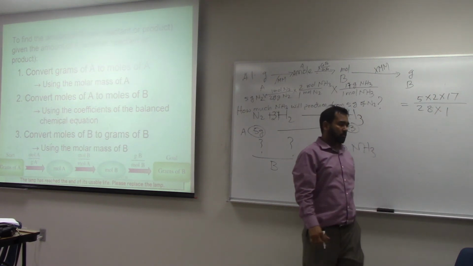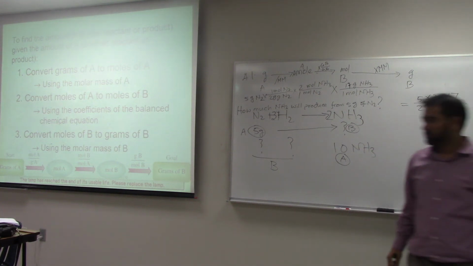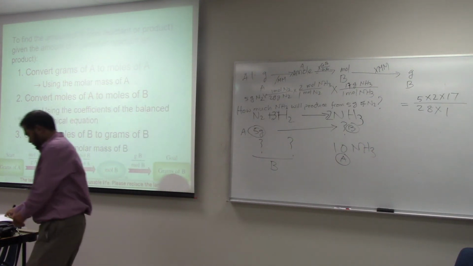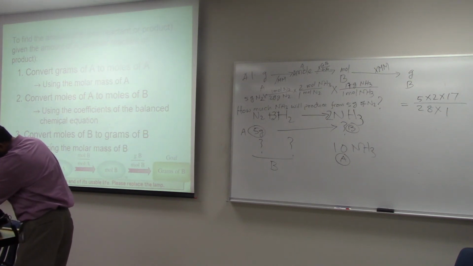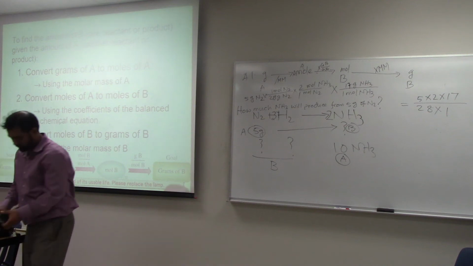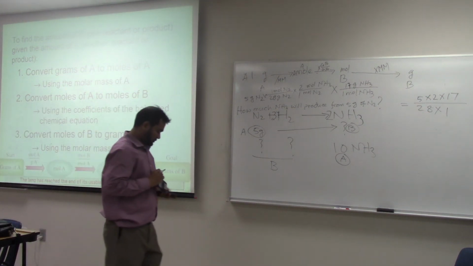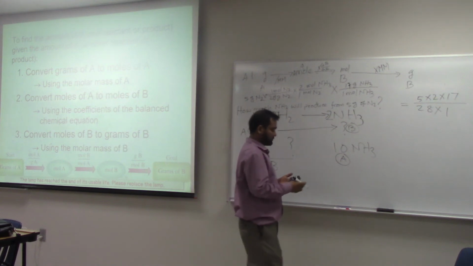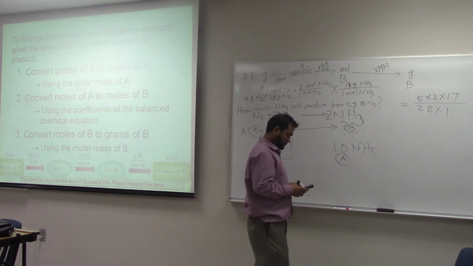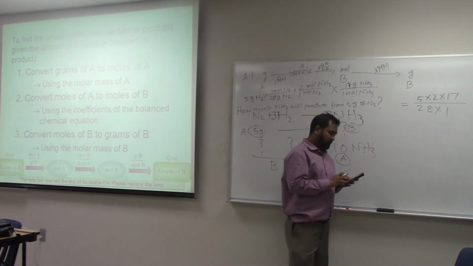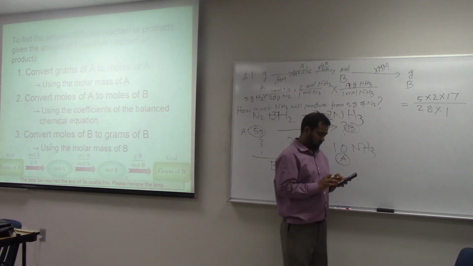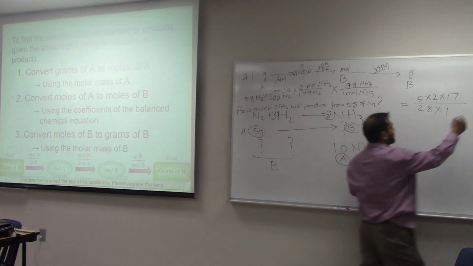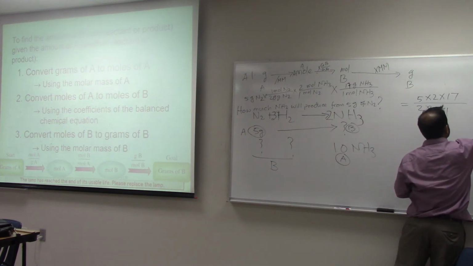So now you can calculate that. 5 times 2 times 17 divided by 28 is 6.07.